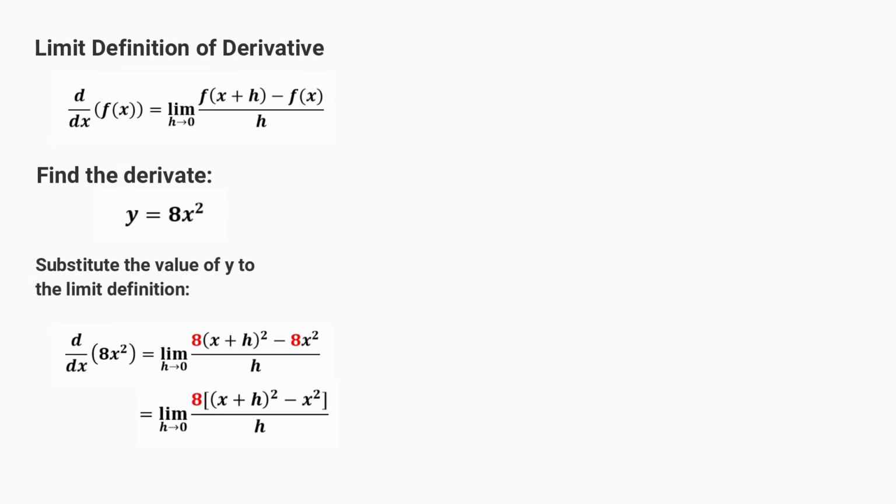It says that the limit of a constant is the constant itself. So we can separate the constant 8 from the limit. It will become now 8 times the limit of x plus h squared minus x squared all over h as h approaches 0.